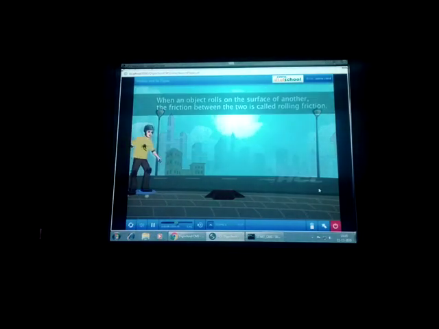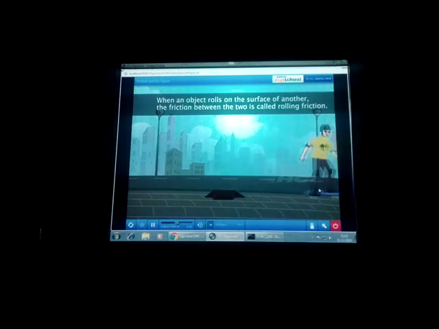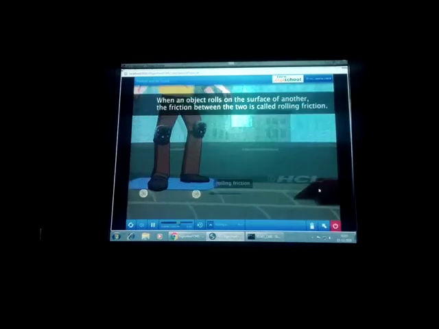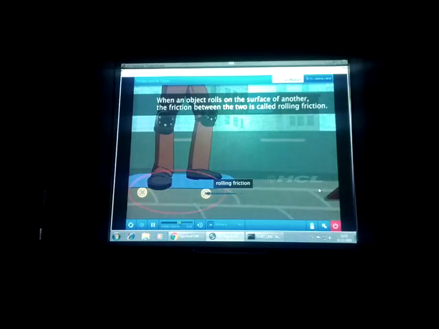Another type of kinetic friction is called rolling friction. When an object rolls on the surface of another, the friction between the two is called rolling friction. For a given object, rolling friction is always less than sliding friction.